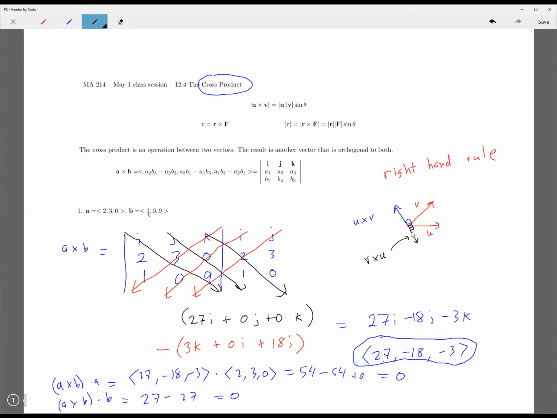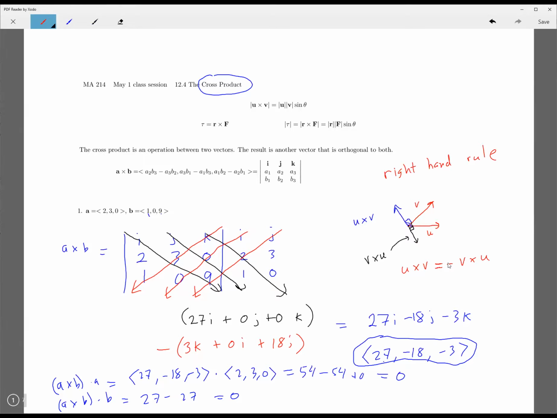It will point in the exact opposite direction as U cross V. So U cross V is going to be the negative of V cross U. If you reverse the order of the cross product, then you will flip the sign of the vector. The vector will be pointing in the exact opposite direction.